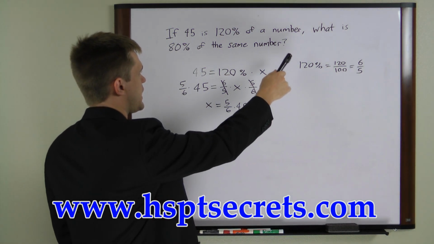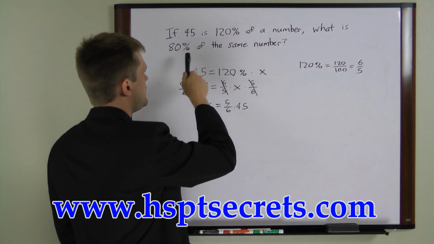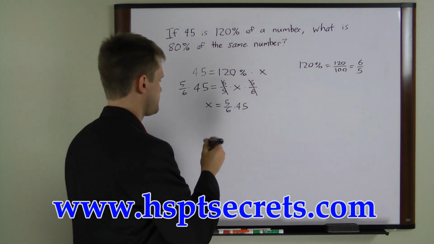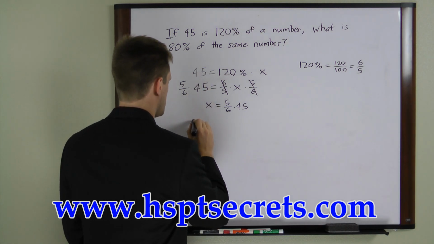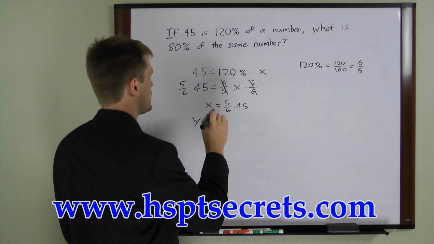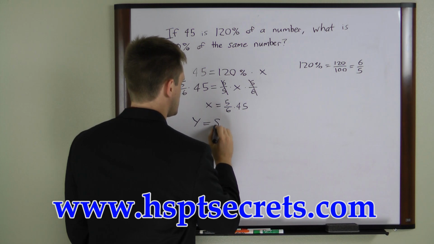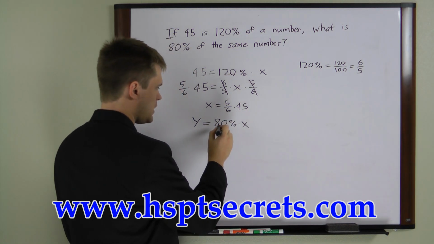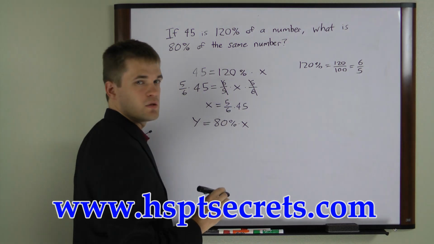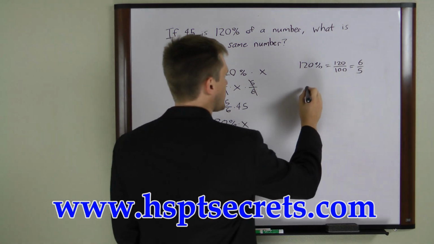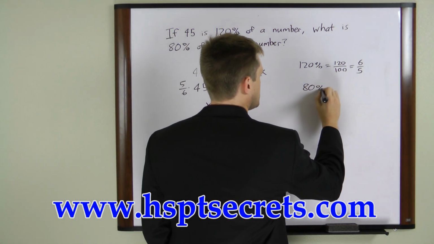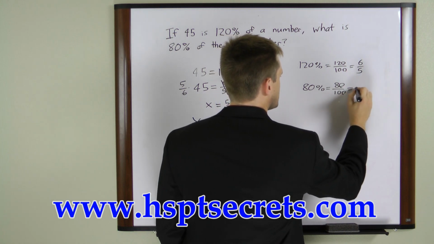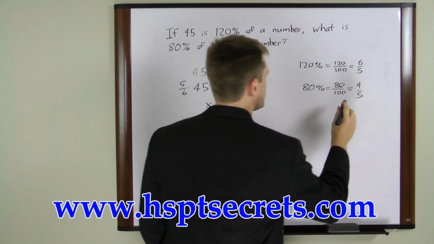The second part asks us what is 80% of the same number, or 80% of x. So this equation can be written where y is the number we're looking for. y equals 80% times x. Now let's convert 80% to a fraction also. 80% equals 80 over 100, which is the same as 4 over 5.